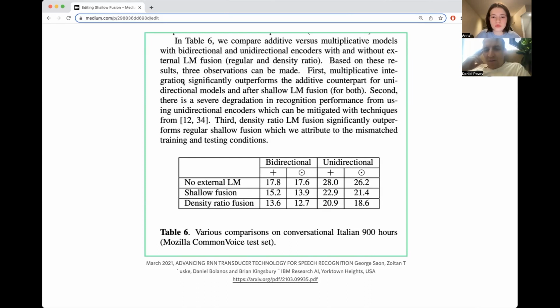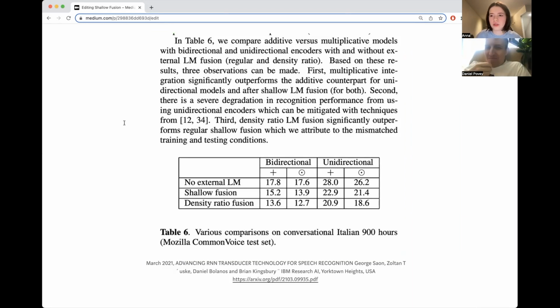And when they talk about density ratio fusion, this is a very common thing when you do shallow fusion: you have a language model, but the model kind of already contains a language model. So you want to cancel out the part of the language model that's already in the model. Just from this little snippet, I'm not precisely sure what they're canceling out. They're probably estimating a language model somehow from the training data and dividing by that.